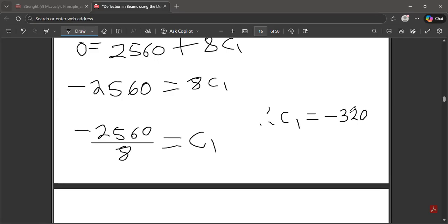After getting that, we have to put our C1 and C2 into equations 2 and 3 to get equations 4 and 5 correspondingly.